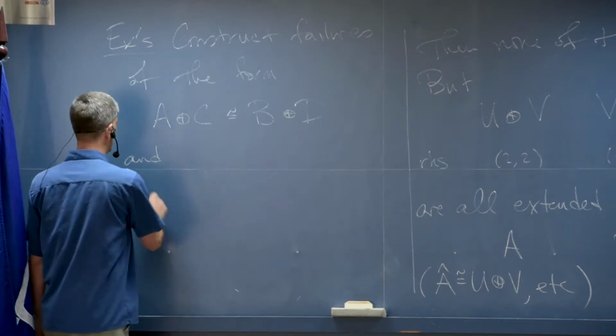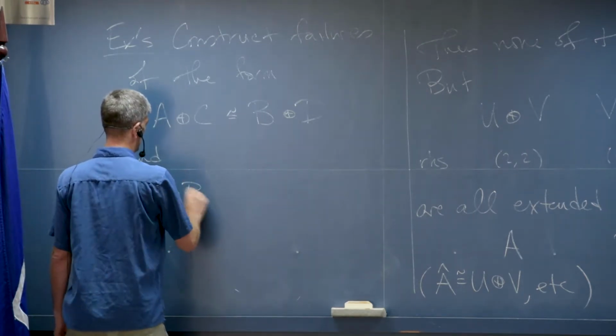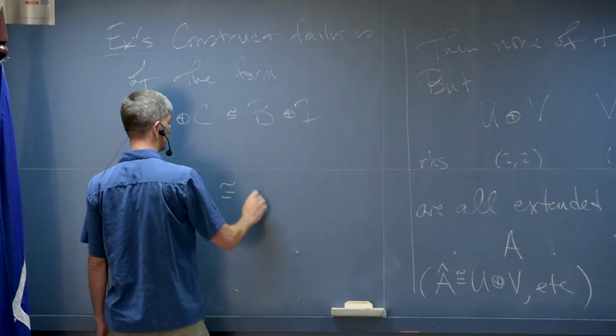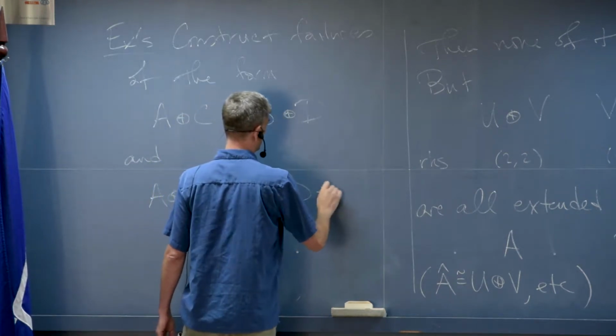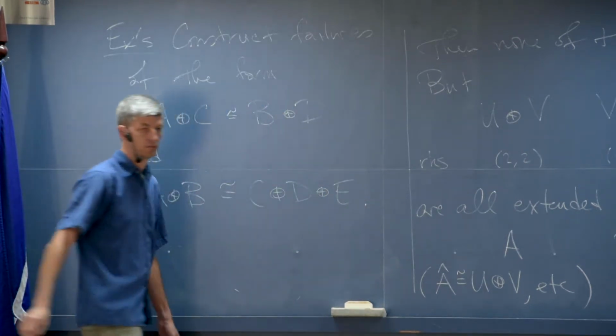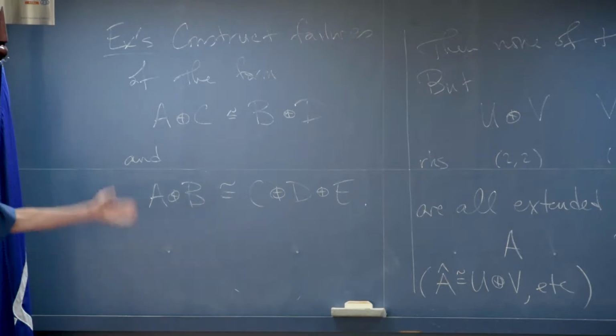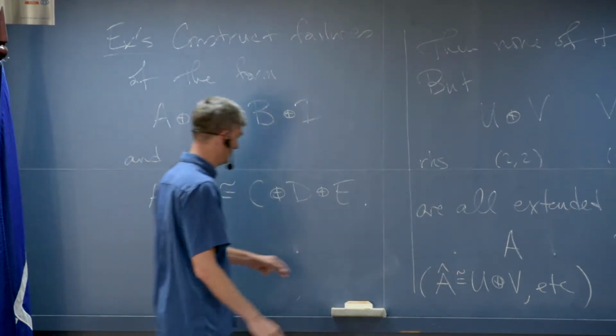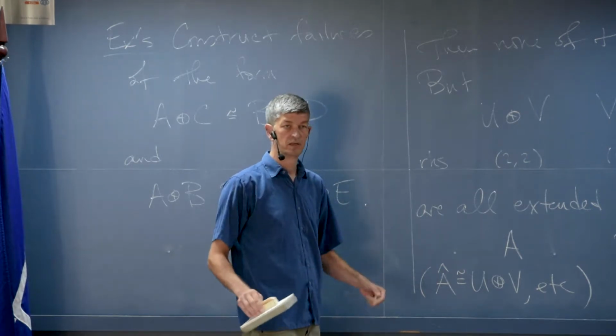And then go ahead and try to do one of the form A plus B isomorphic to C plus D plus E, using this same technique. I will collect those at the end of Friday's talks.